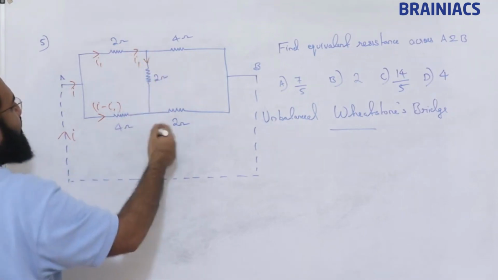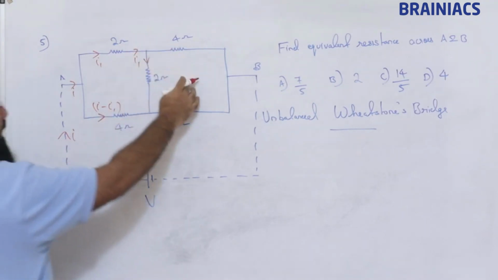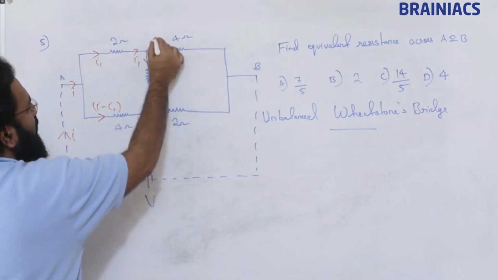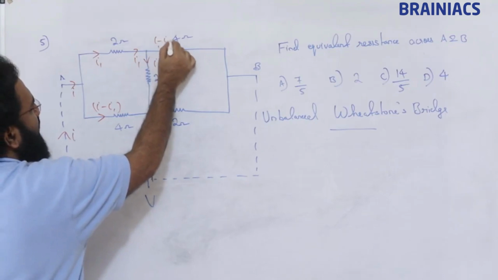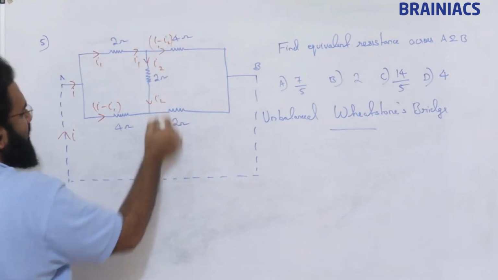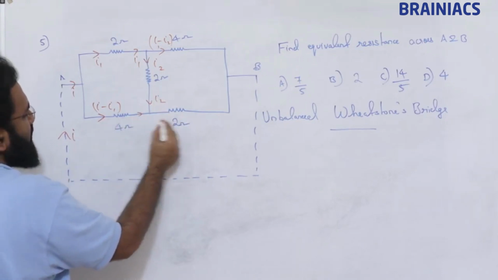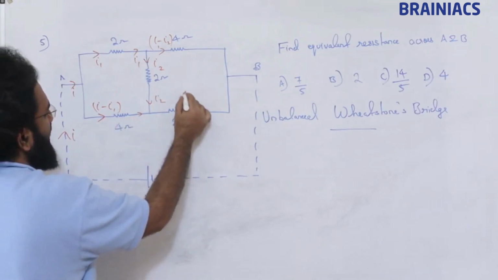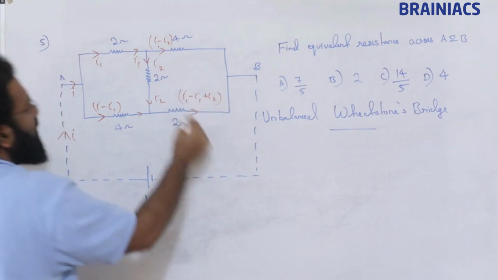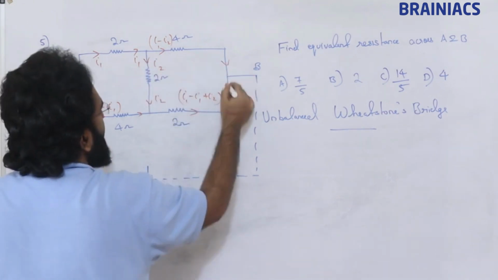Now here I have to divide again, so I am giving here I2. So this is going to be I1 minus I2. I2 is coming here, and this current is also coming here, so this is going to be I minus I1 plus I2. Now all are coming here.